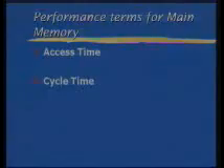So what we basically have to look into first is the memory speed, and then we will be looking into the performance of the bus. How do we define the performance of the main memory? Well, there are basically 2 indicators of that. The first one is the access time, and the second one is the cycle time. But what are these terms?